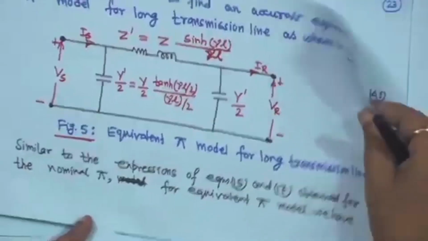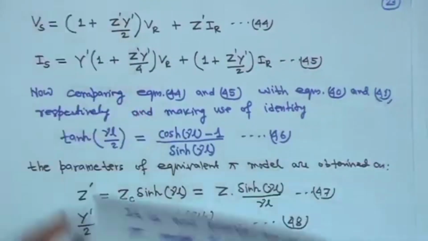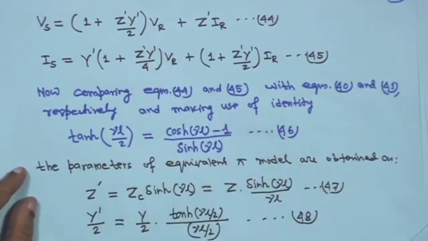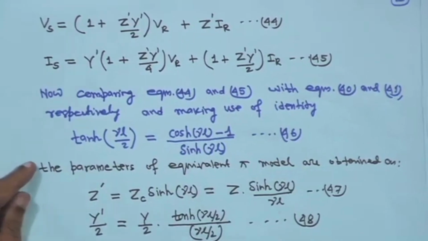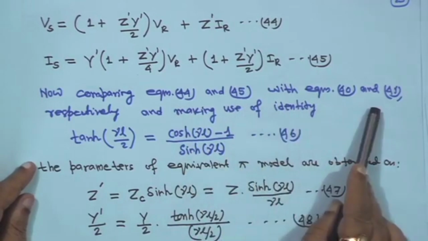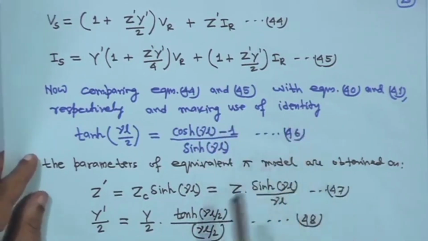So, we have taken 1 + z'y'/2. So, z' and y' we have to obtain. In that case what we can do is compare equations 44 and 45 with equations 40 and 41 and make use of this identity, right.